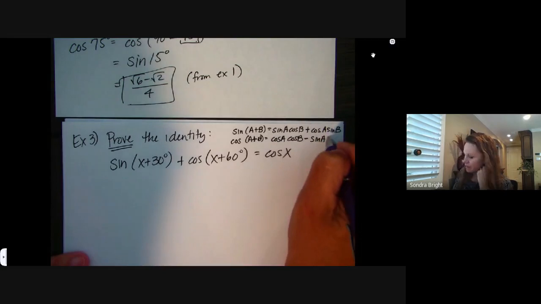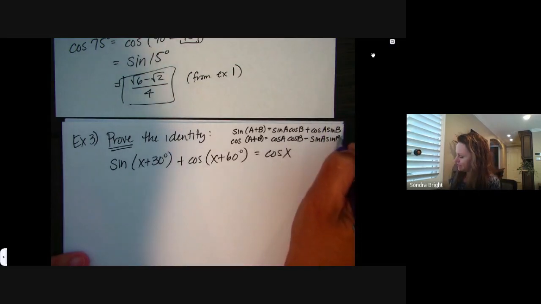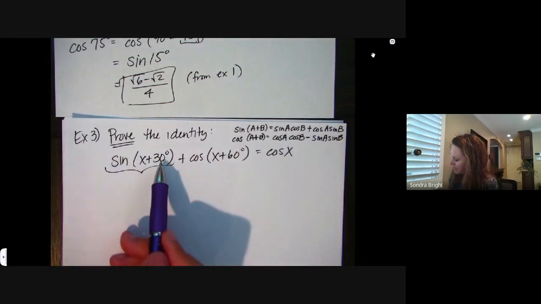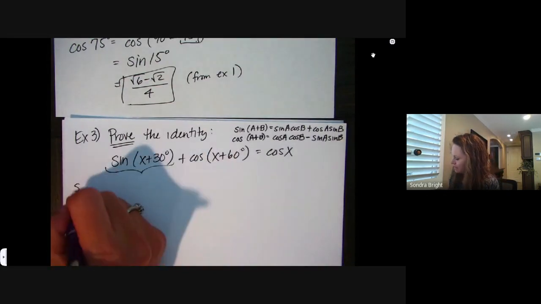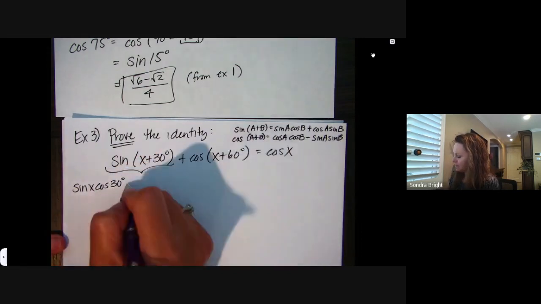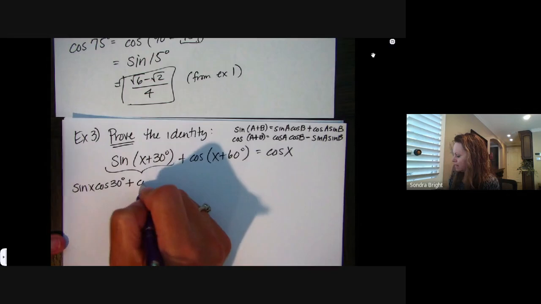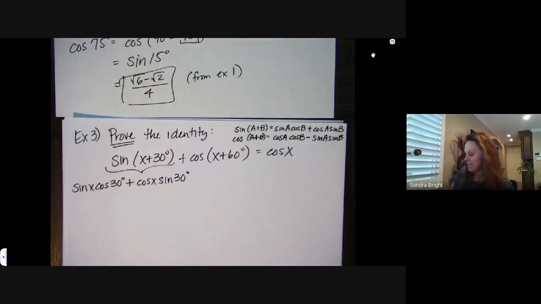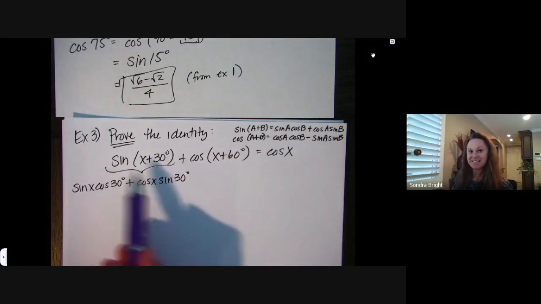All right, so starting with this guy, sine of a plus b becomes sine of x times cosine of 30 degrees, same sign, cosine of x times sine of 30 degrees. So that's your sine, cosine, same sign sandwich.